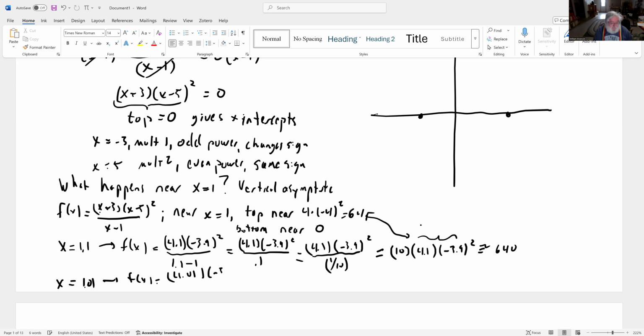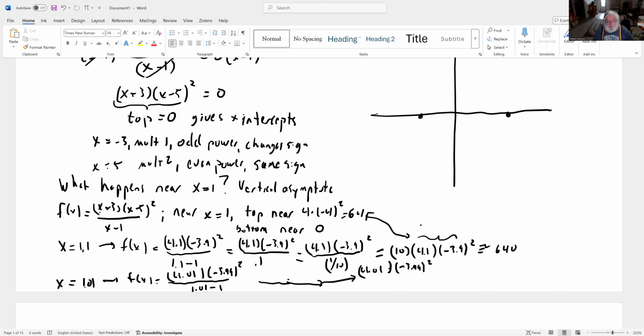If we have x equals 1.01, f of x is going to be 4.01 times minus 3.99 squared over 1.01 minus 1. Go through the same steps. You get 4.01 times minus 3.99 squared.